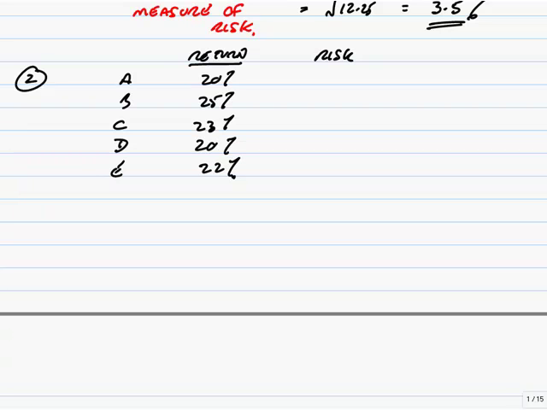The risk, the standard deviation, the standard symbol for that is this little sigma, or in fact it's often typed as S, certainly in the exam because it's a bit easier. But the standard deviation is 8%, 6%, 4, 2, and 2.